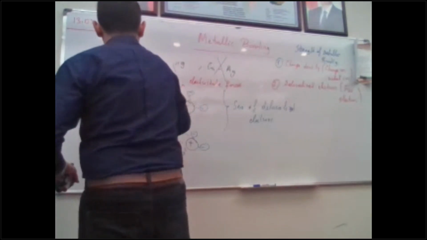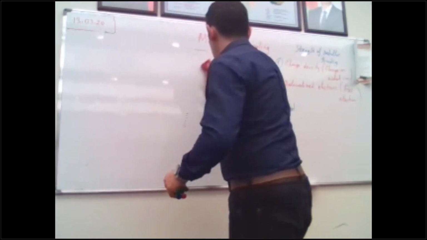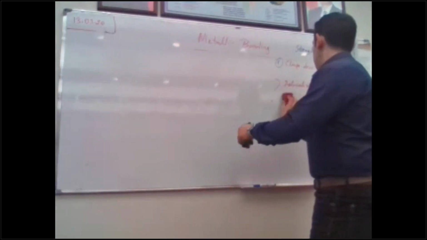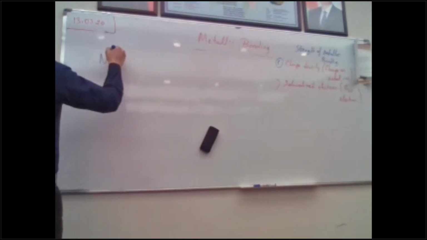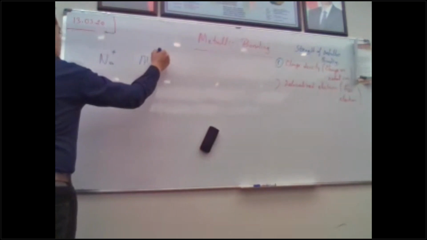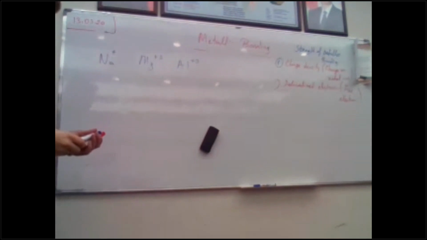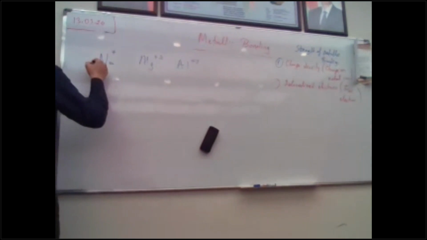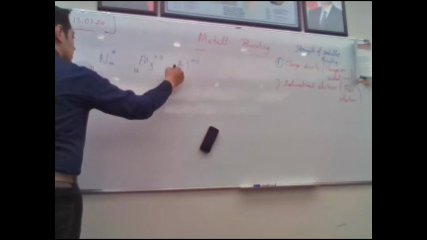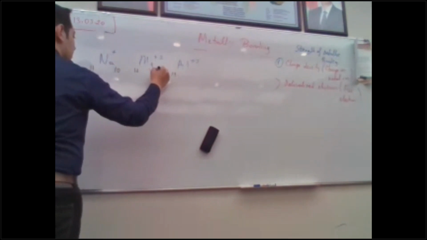Let's say you have sodium plus, magnesium plus 2, and aluminum plus 3. All these ions have the same number of electrons.